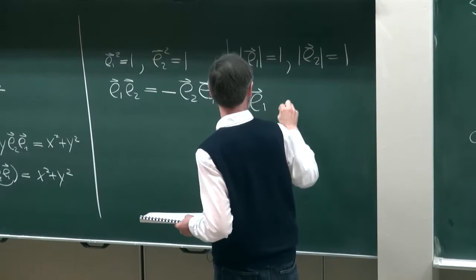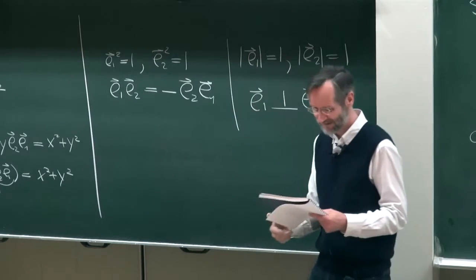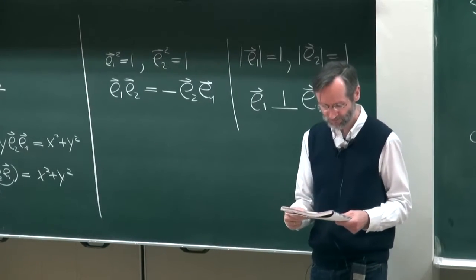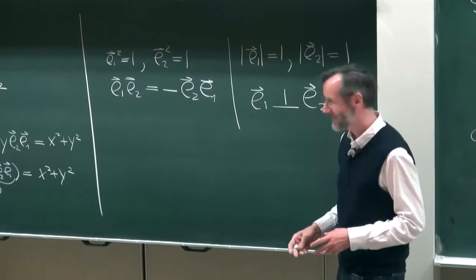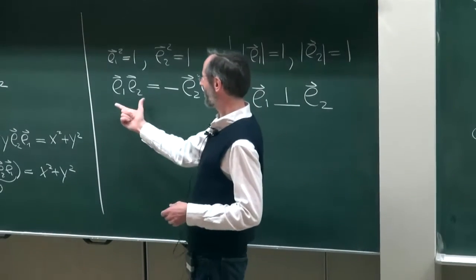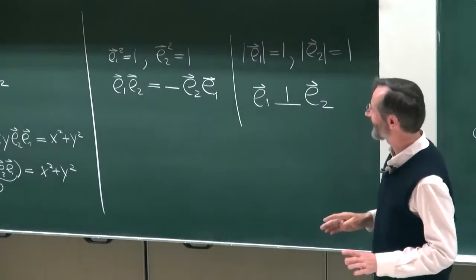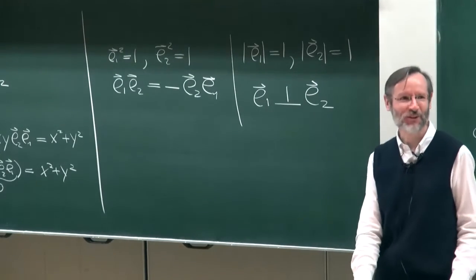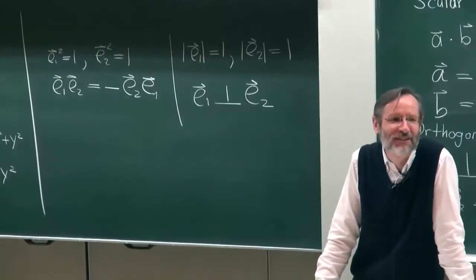So E1 is orthogonal to E2. And now, what we can do, we can compute. Okay, first, maybe I will again give a minute for questions. Does anybody have a question about what I did now?